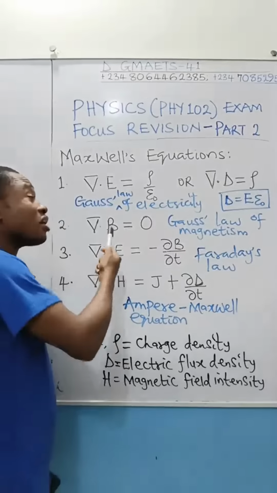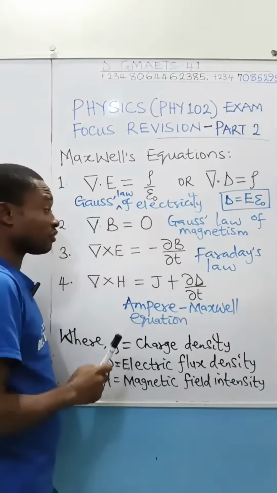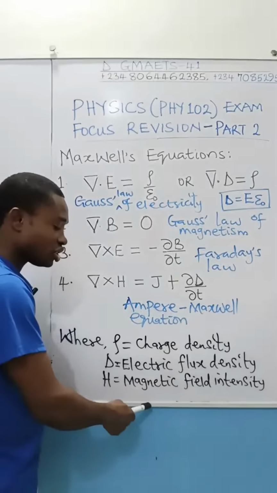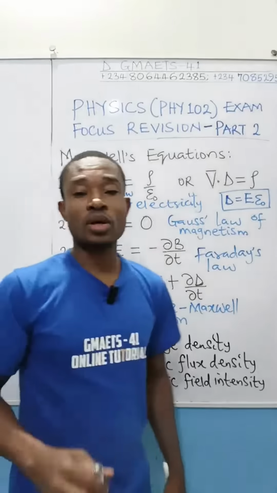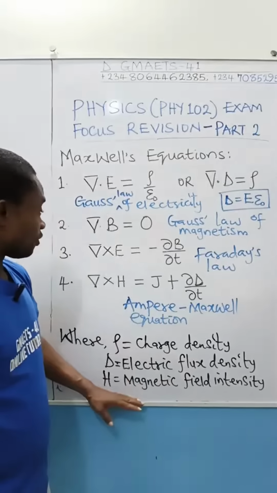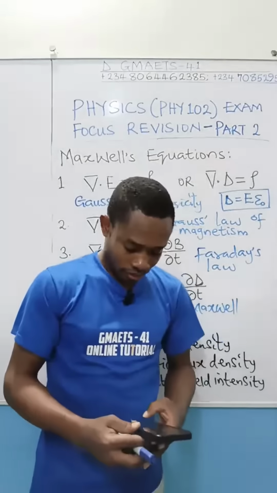Though sometimes I also refer to it as magnetic field strength, because it defines the strength of the magnetic field. But this particular quantity H is really what we call magnetic field strength. I've already told you the relationship between H and B, so you want to take note of that.